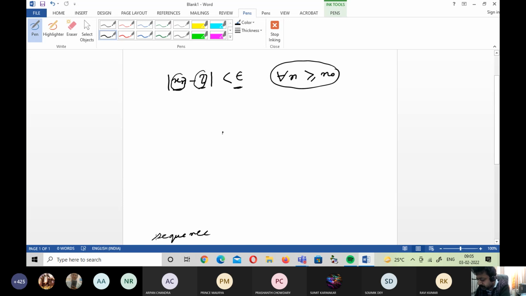Suppose this point is L on this line, so on the right-hand side it will be L plus epsilon, and L minus epsilon. Now you consider the function value f of n, which is xn, lies here.